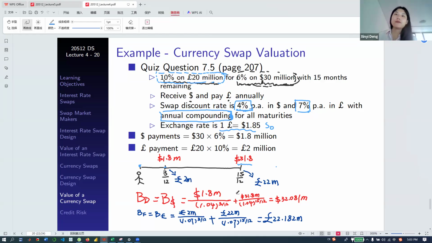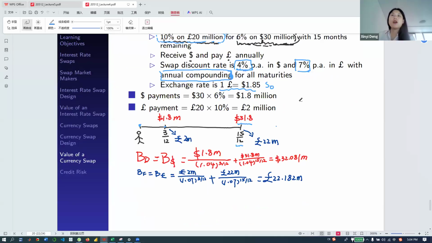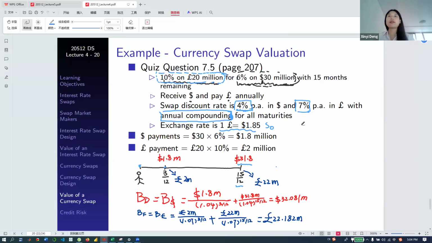And for the second cash flow projection, you just use this £22 million divided by 1.07, again raised to the power of the number of years, and that number of years would be 15 divided by 12. That's how you get this value of the foreign currency bond here. So it's 22.182. Also, we already know that S0 is this amount. So now we are ready to calculate the value of the swap.